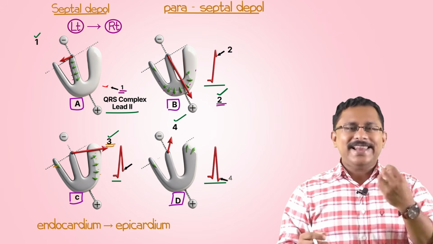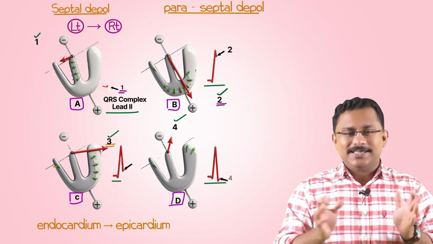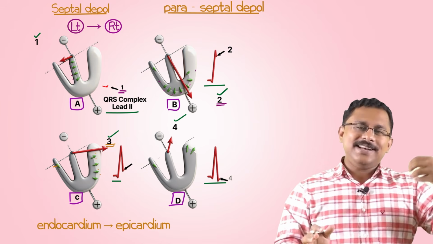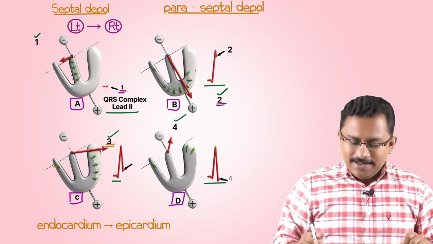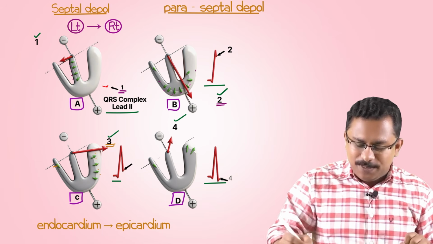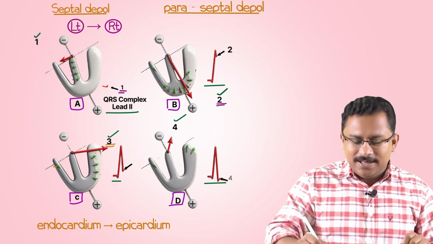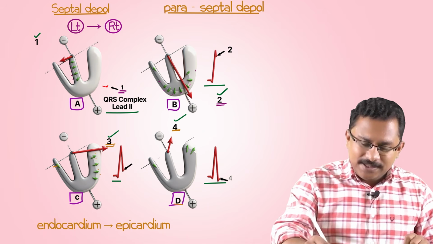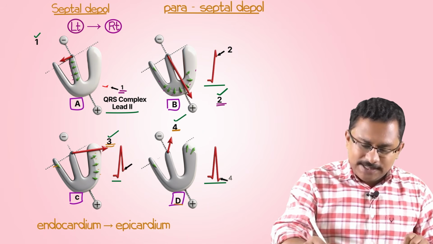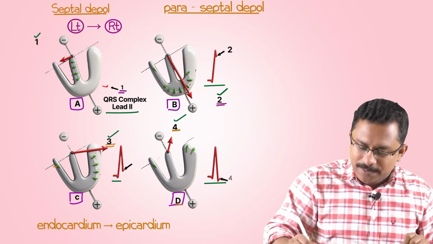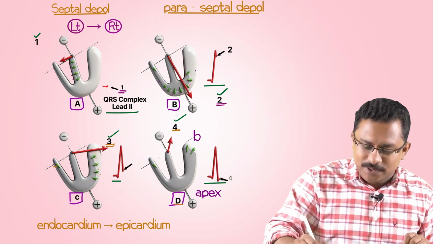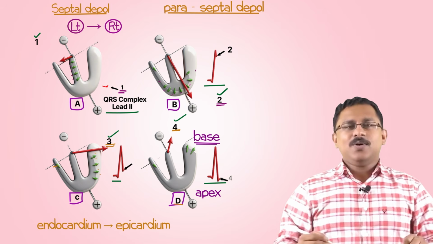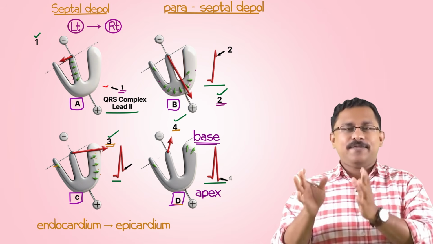But again, since the left ventricle is more bulky, you can see the net deflection is tilted towards the left ventricle. And finally you have the step D, where the vector is actually 4. So you can see the base of the heart already was depolarized in the previous step. Now the base is actually getting depolarized. Okay, so that is actually step 4.